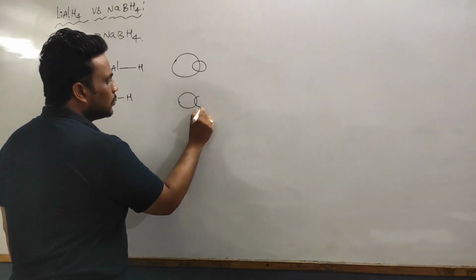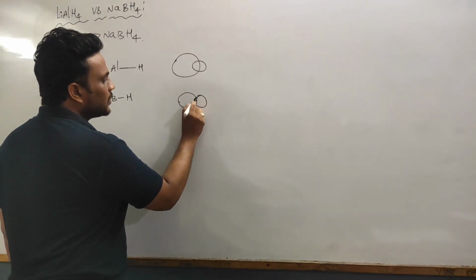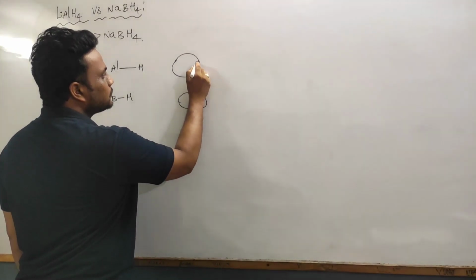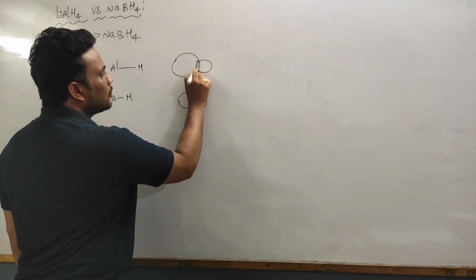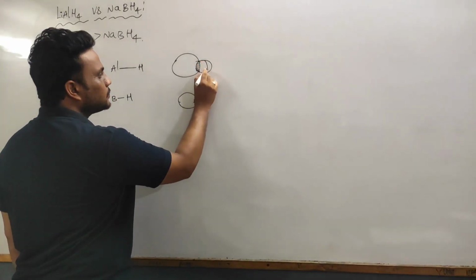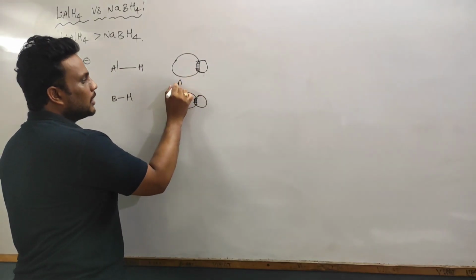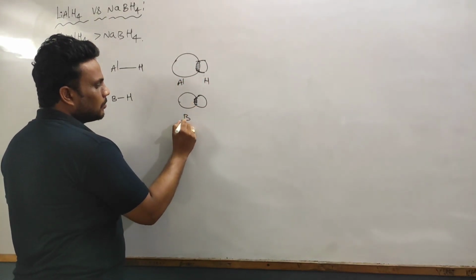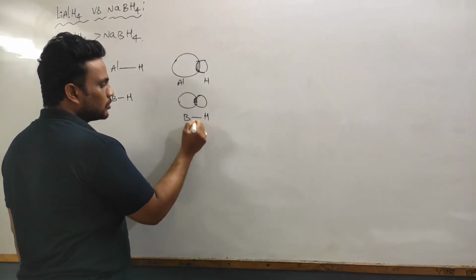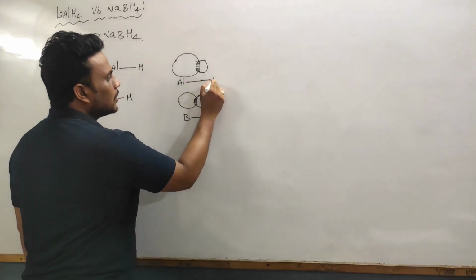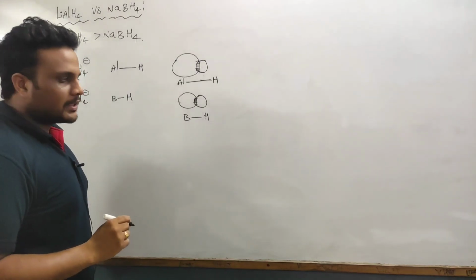This is boron and hydrogen. Overlapping takes place like this. This is of hydrogen, this is of aluminium. The boron hydrogen bond is shorter, the aluminium hydrogen bond is longer. What is the reason for this?